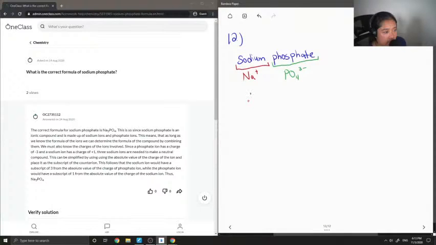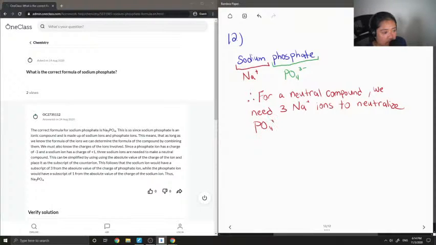So I'm just going to take note that for a neutral compound, we need 3 Na+ ions to neutralize PO4 3-, since Na+ has a +1 charge and PO4 3- has a -3 charge.